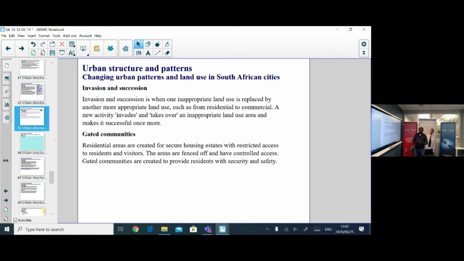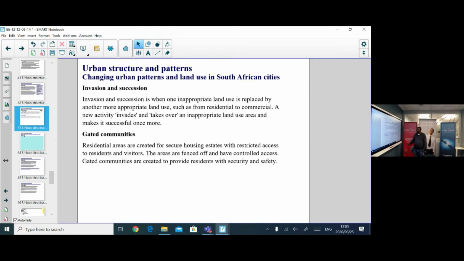For instance, a place will be used as a residential area, and the place is very close to the CBD, which is a place with potential for business. But instead of being used for commercial purposes, the place is being used for residential purposes. So if a new use like a commercial use or an industrial use is put in place, that is what we call invasion or succession.